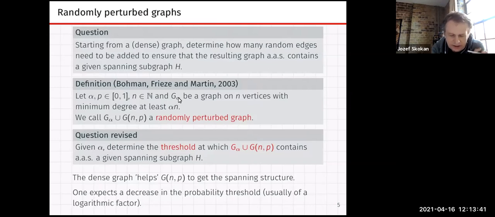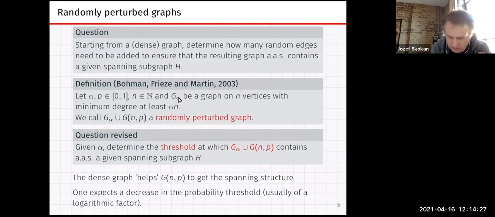Here the question is that we don't start from an empty graph with n vertices to which we add random edges, but we start from some arbitrary graph, usually dense, and we would like to know how many random edges we should add to this graph such that the resulting graph almost surely contains a given spanning subgraph H. In other words, you take your favorite graph G, which is not Hamiltonian, and you would like to know how many random edges you need to add to guarantee that suddenly your Hamiltonian cycle will appear.